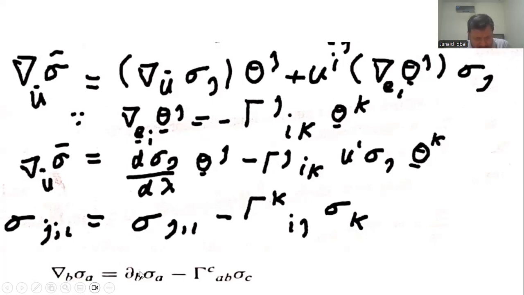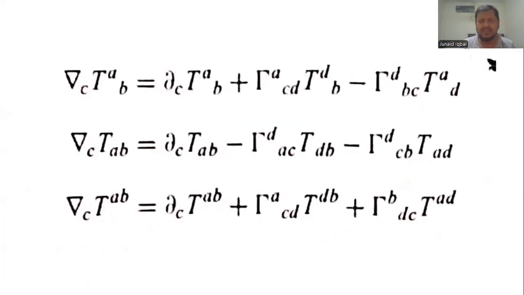It will be equal to the partial derivative of sigma_a with respect to b minus Christoffel symbol into sigma_c. So we have seen how to compute the covariant derivative of a vector and a one form with respect to another vector u. Similarly, we can calculate the covariant derivative of a tensor of type 1, T super a sub b.